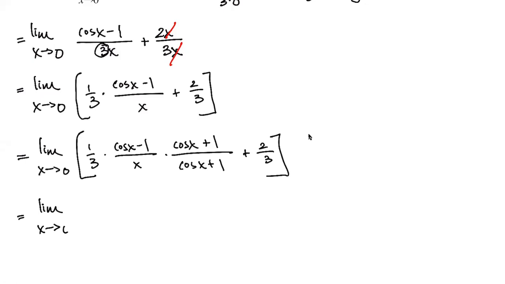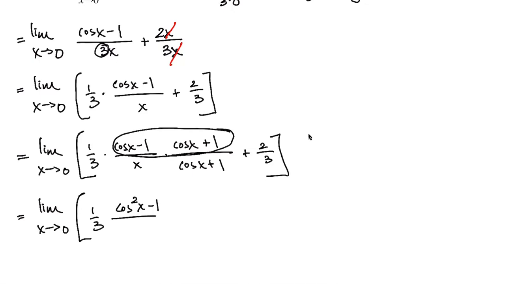Now what this allows us to do is take the numerators and multiply them. So we're going to end up with a numerator of cosine squared x minus 1. And then our denominator will just have x times cosine x plus 1, and then plus 2/3.